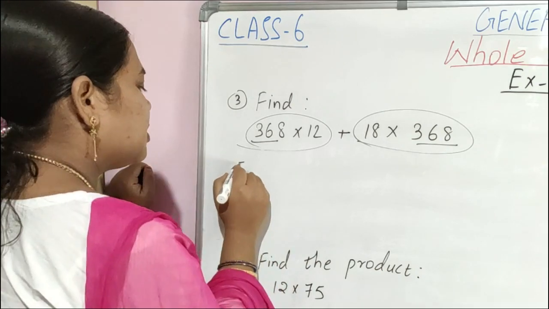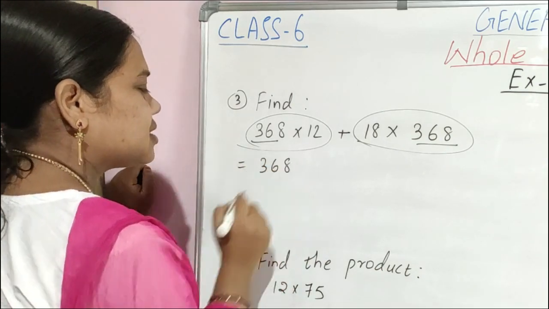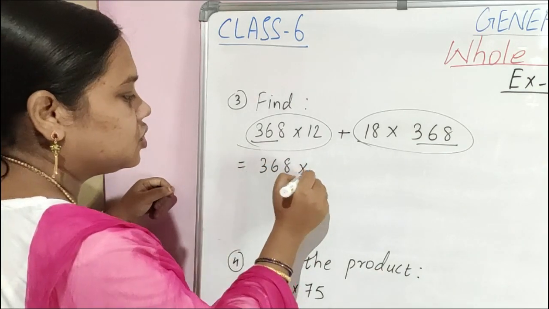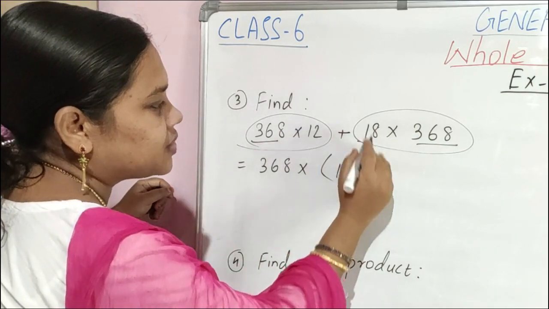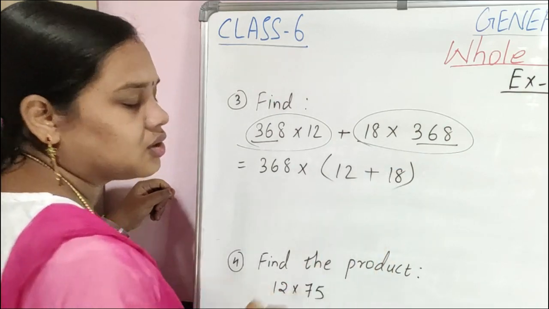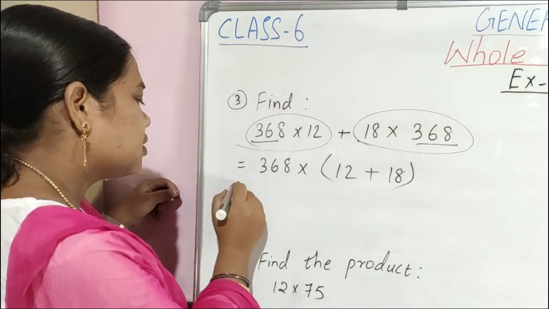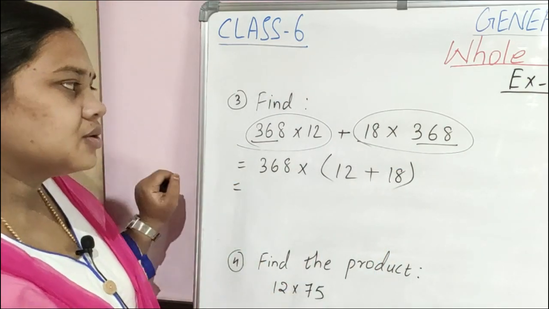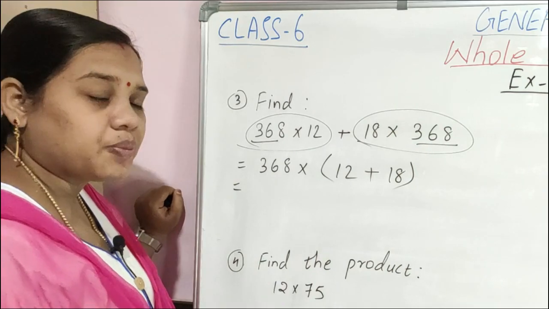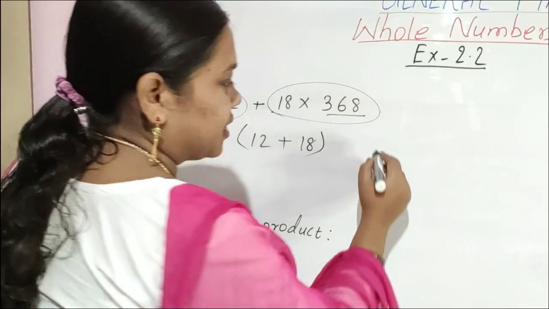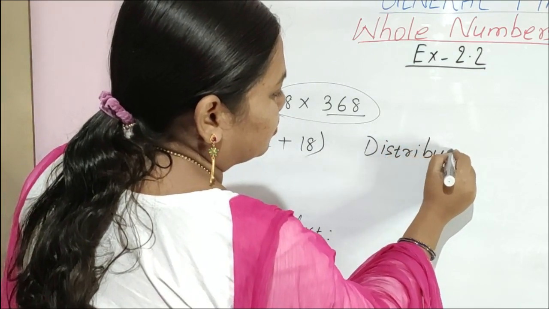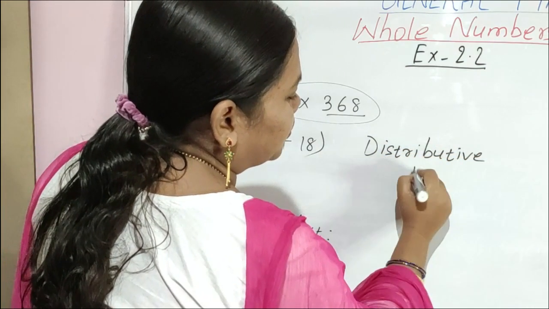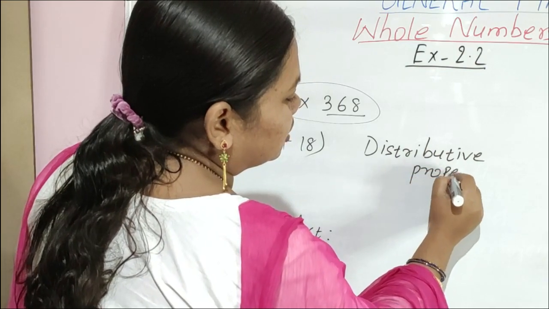So 368 you can take common. 368 take common into what is left in first term? 12 plus in second term 18. Okay. So what is this? Which property? Distributive property. Is it not children?